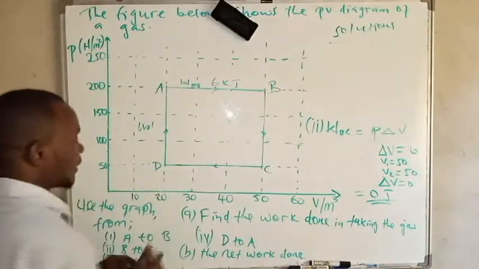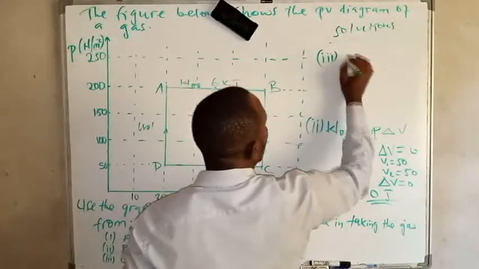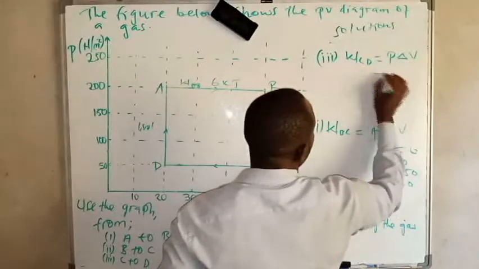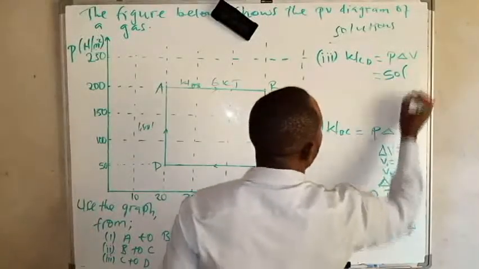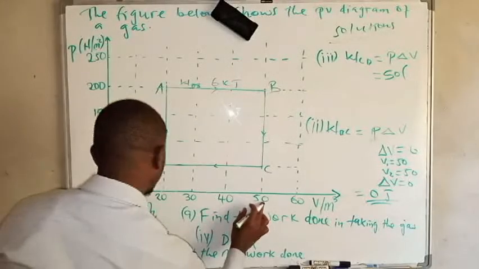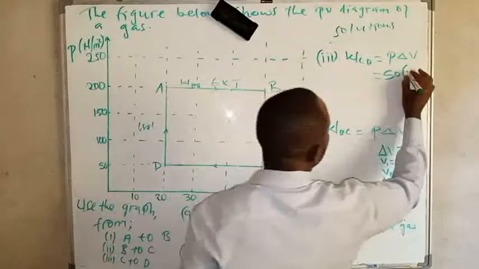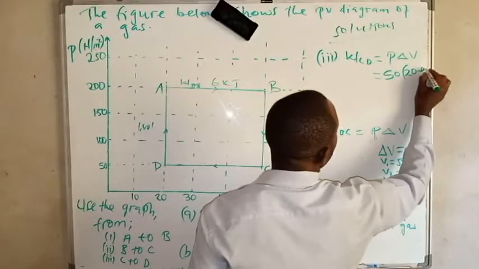Next, C to D. The same formula applies: work done CD is equal to P delta V. From C to D, we have the same pressure, which is 50, times the volume, which is changing from 50 to 20. The final is 20 and the initial is 50, so we have 20 minus 50.